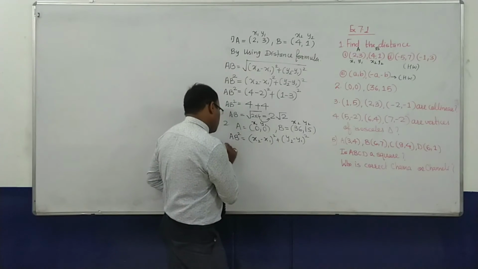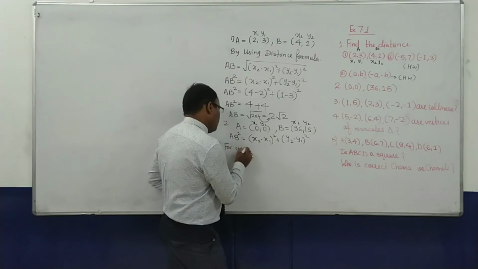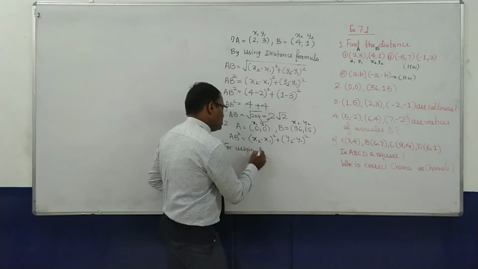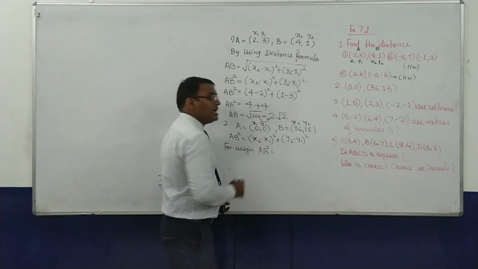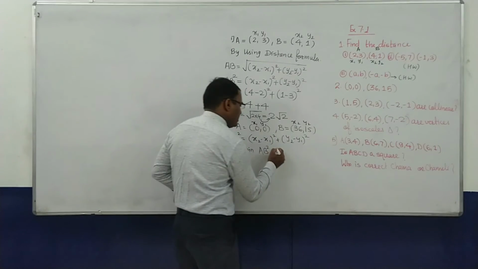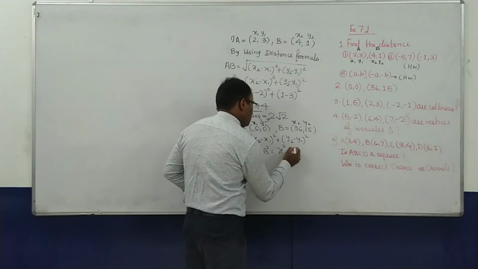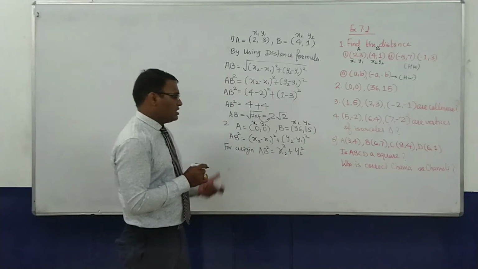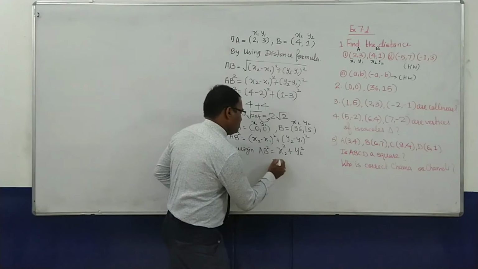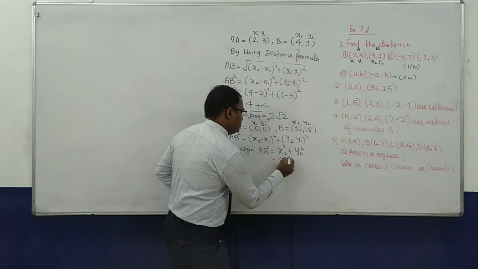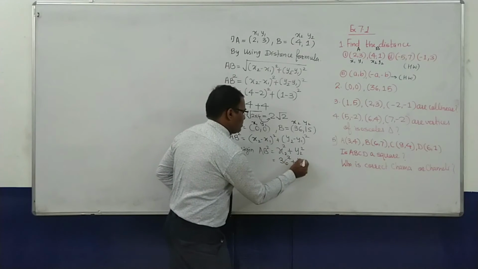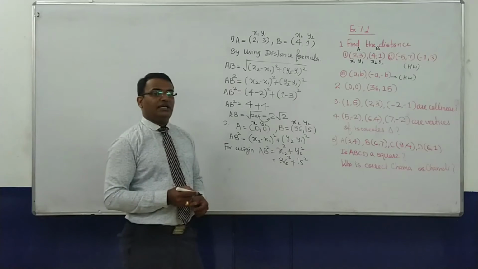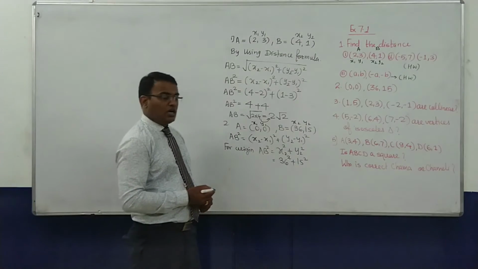So if one point is the origin, AB square will be simply x2 square plus y2 square. Right? So what is x2? 36 square plus 15 square. Is that okay?